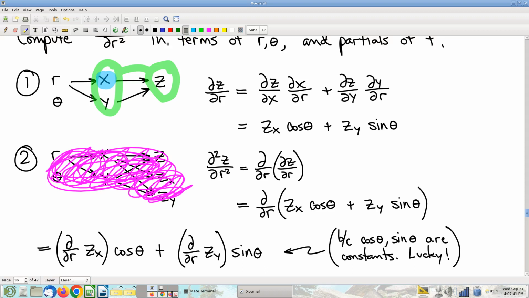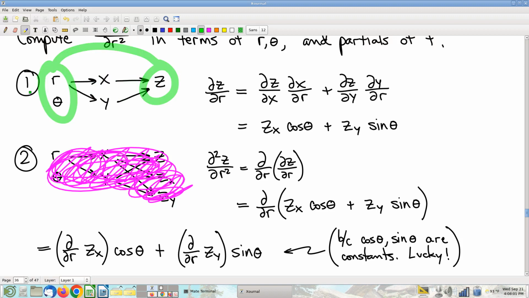That would mean holding y constant, and that gives you partial of z with respect to x, which is this, which you can write like that. That's all fine. Now, on the other hand, I can view z as being the output from a composition, the inputs to which are r and theta. And we could talk about theta being constant, and talking about partial of z with respect to r. And that's all fine.